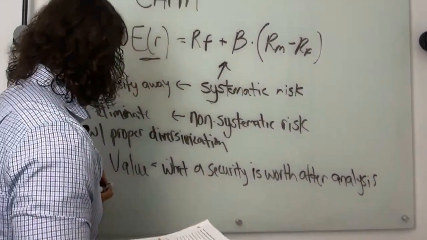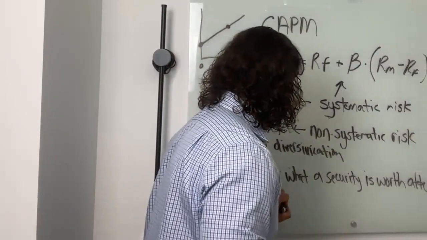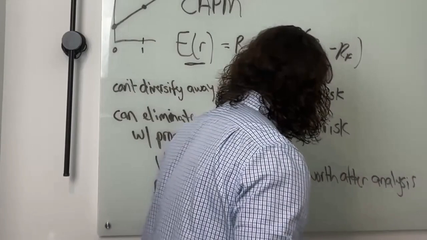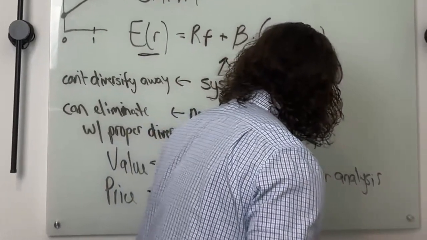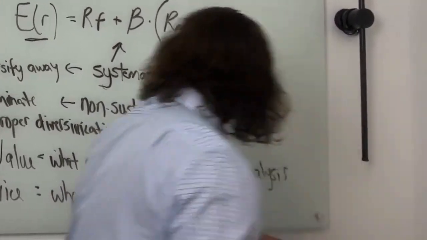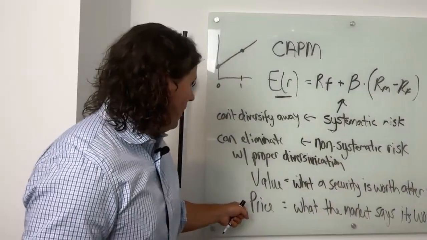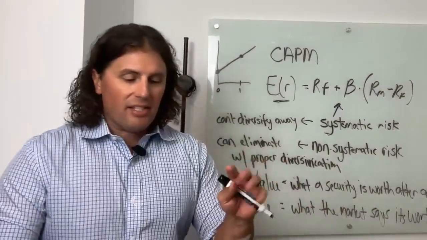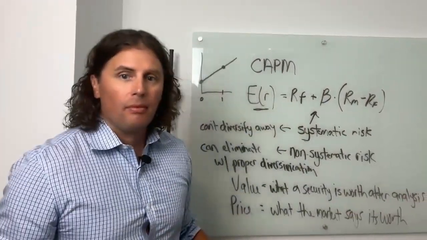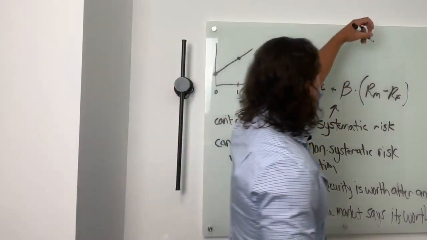And the price is what the market says it's worth. Classical finance says value equals price every time. We should have no disagreements between what the market says and what the security is worth after analysis.